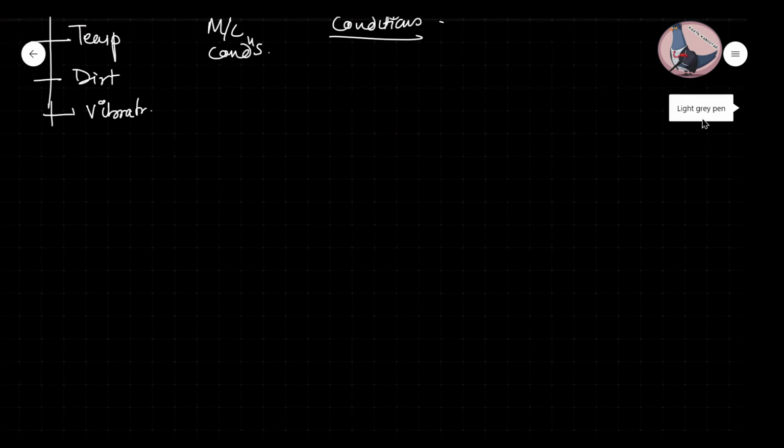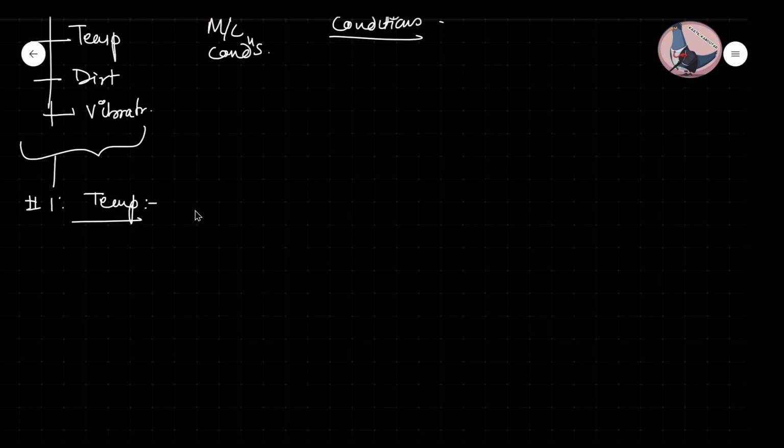In environmental conditions, as I have just mentioned, the first one is your temperature. You can very well understand that your CMM heads, the tool post or the probing head post, which moves on the rail, all the dimensions are a function of time. With time, the length changes, and you must be knowing that delta L is equal to L naught times (1 plus alpha delta T). This is the thermal strain.